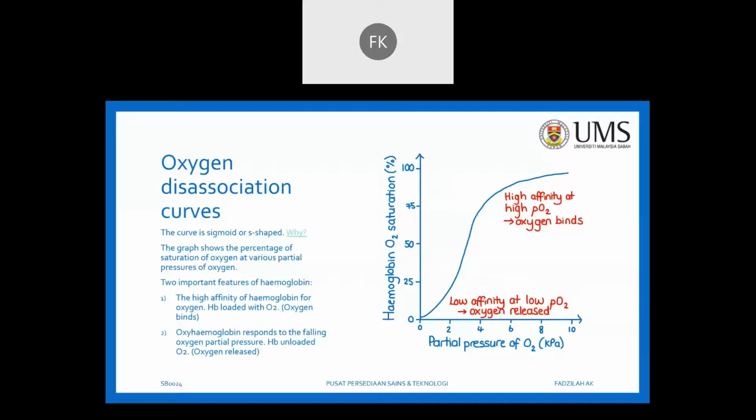So when oxygen is low, oxyhemoglobin will release the oxygen. Means that they dissociate. So you have hemoglobin and you have oxygen. So that hemoglobin pigment is empty of the oxygen, because the signal is oxygen is low. Now oxygen is low, so oxyhemoglobin will dissociate the oxygen. This is called oxygen release.